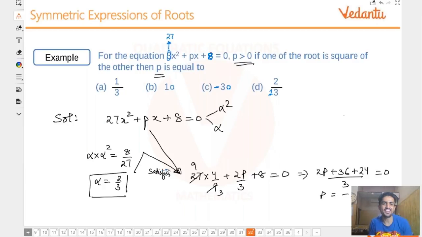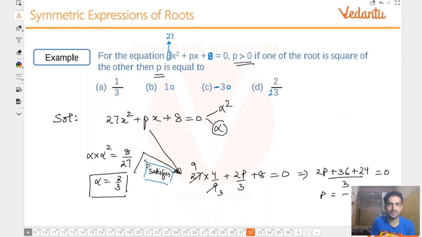Yes, Shreya, yes, you're right. You were right. Here again, I have used that a root satisfies the equation. Same concept. I used the product of roots that was known to me, 8 by 27. Now alpha cube is 8 by 27. So alpha comes out to be 2 by 3. Right? Cube root ho gaya. Now alpha was one of the roots. Now clearly alpha will satisfy the equation.